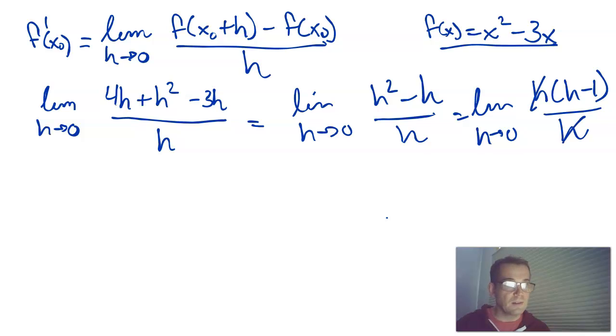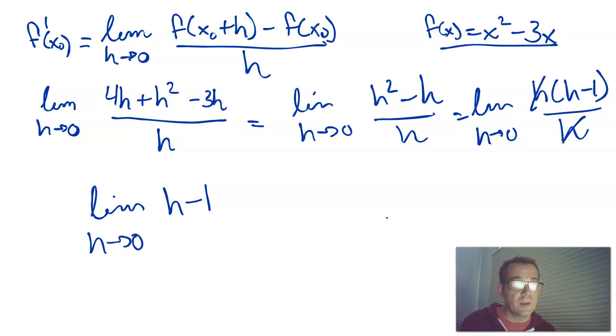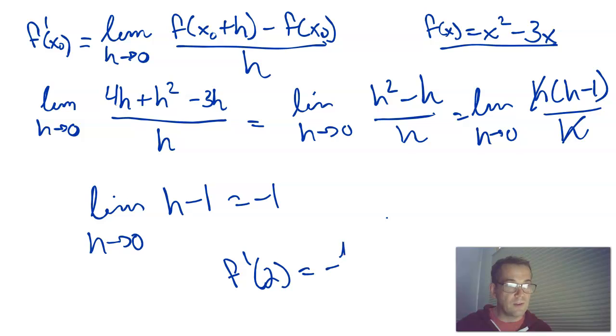These guys will cancel, giving me the limit as h approaches 0 of h minus 1. And now I have an expression where if I plug 0 in, I'm not going to get 0 over 0 like I would have initially. I will get negative 1. So that tells me that f prime of 2 equals negative 1.